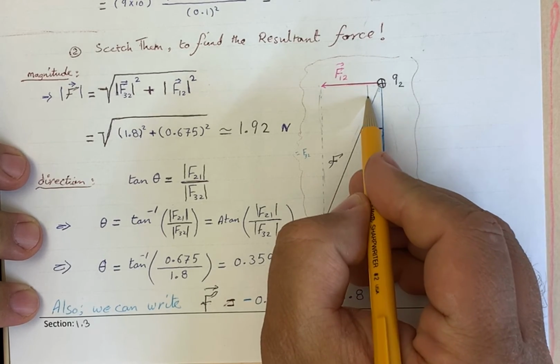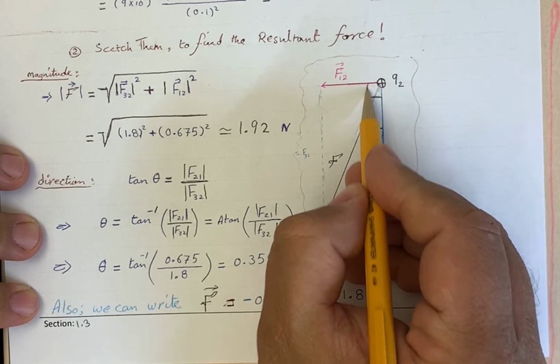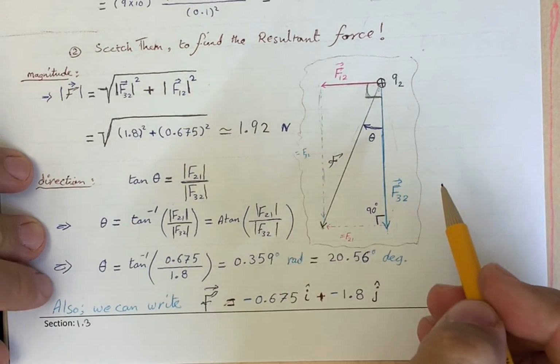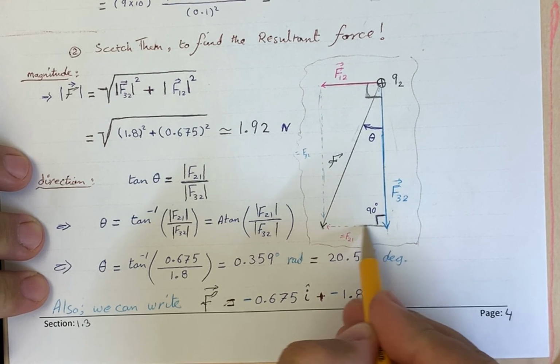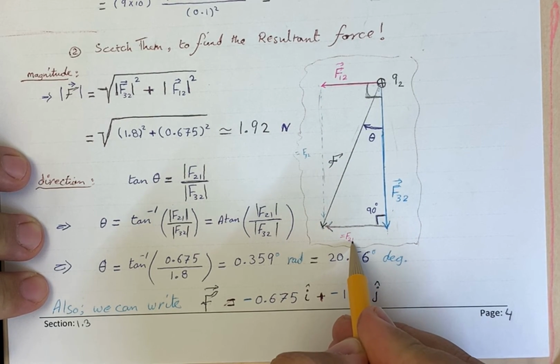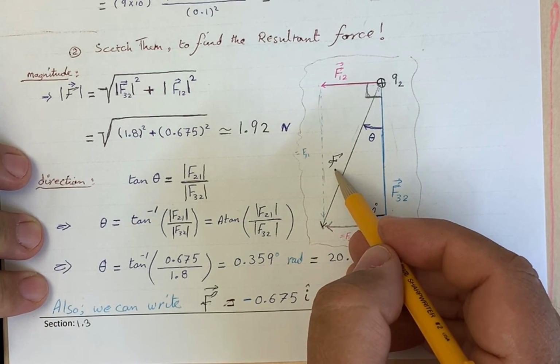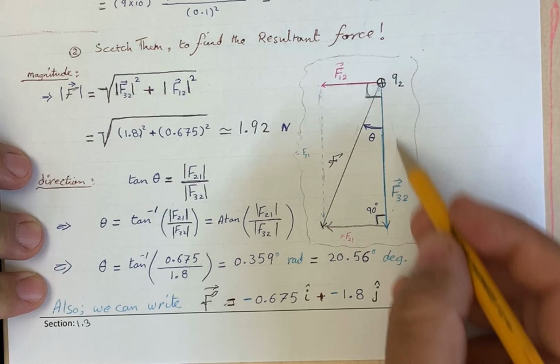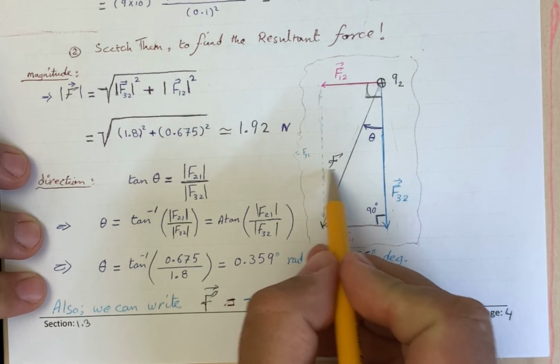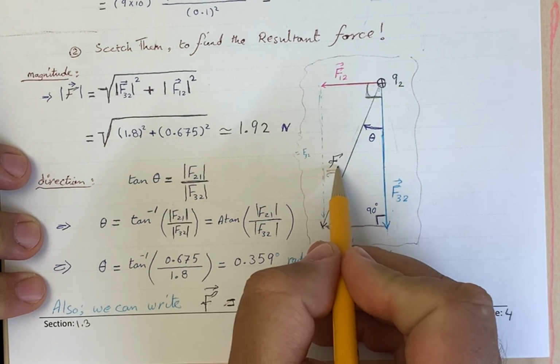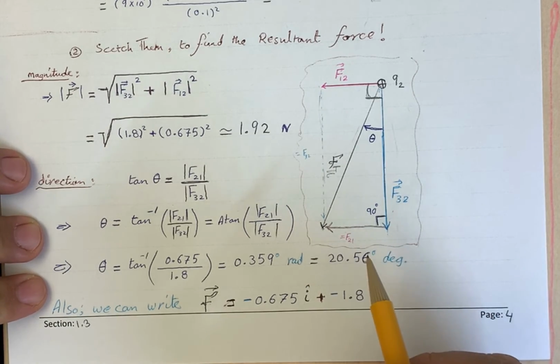Now between the x direction and the y direction, this angle is 90, so we have a right triangle here. If we consider this F21, and this is the angle of the resultant force from the negative y direction, and the resultant force is F, we can consider it as F total.